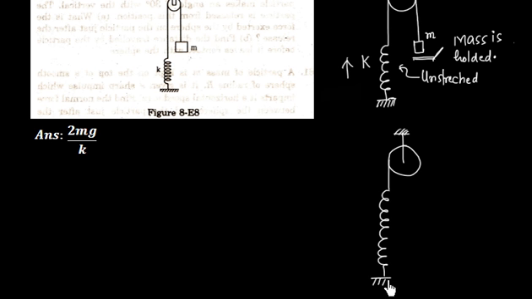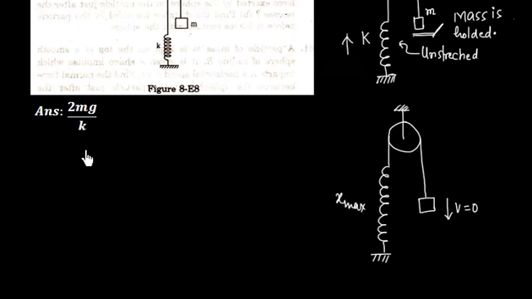So the spring will be stretched and this mass will fall in the downward direction. A time will come when the stretching will be maximum. Let us say maximum stretching is x max, and this mass will have zero velocity. That is, at the time of maximum stretching, this mass has no velocity in the downward direction.